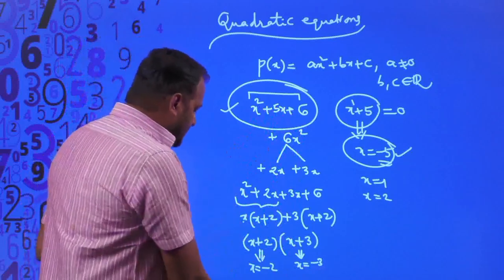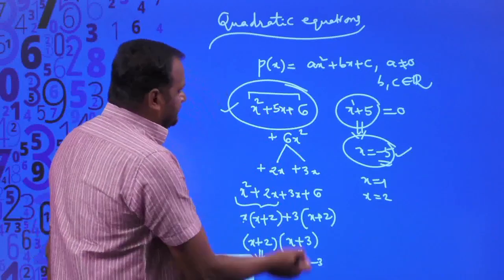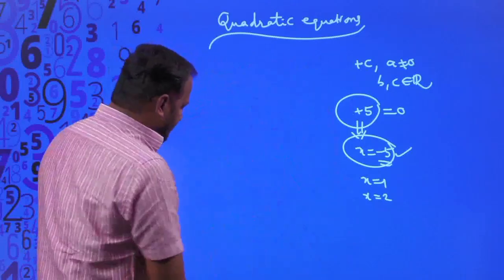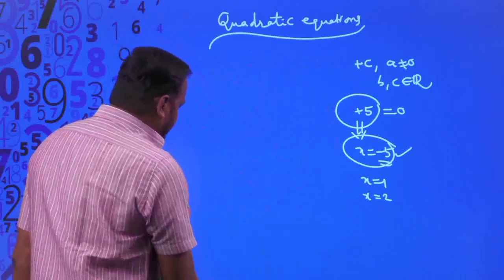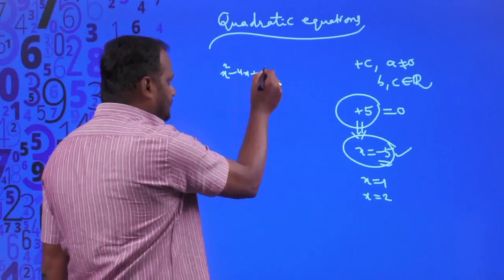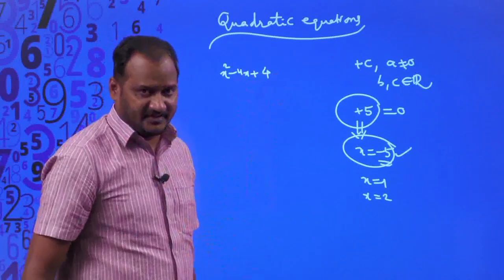Why am I using the word maximum of 2 zeros? Because if you observe one more second degree expression, x square minus 4x plus 4, this is one second degree expression.